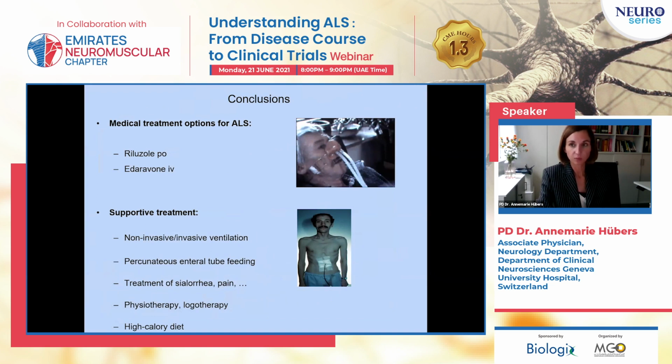And supportive treatment is very important, such as invasive or non-invasive ventilation, if necessary, percutaneous endoscopic gastrostomy tube feeding, treatment of sialorrhea, treatment of pain, etc., physiotherapy, logotherapy on a regular basis, and a high-calorie, high-fat diet.